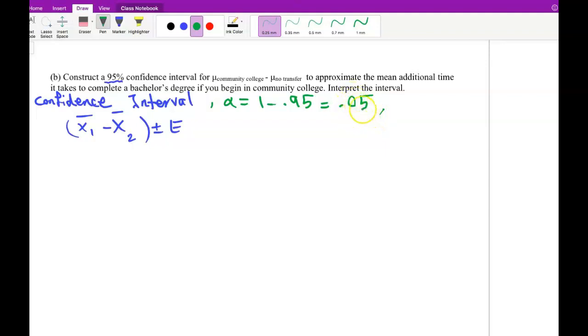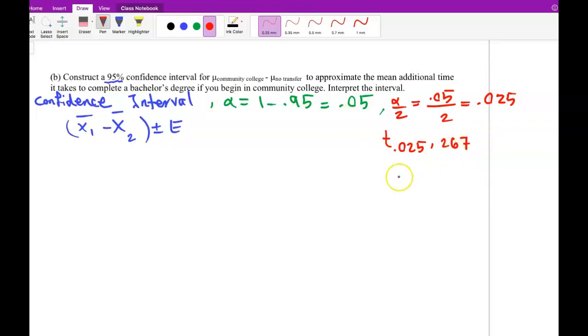And then based on this, alpha finding T. So alpha divided by 2. Then degree of freedom was 267. Based on what I said, okay, we need to choose the smaller sample size to find degree of freedom.